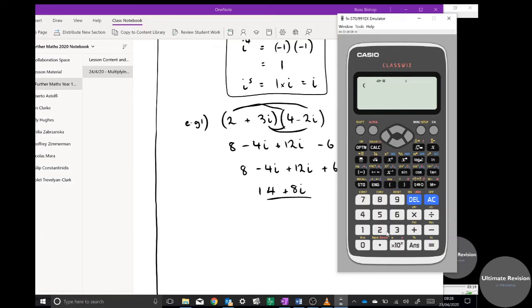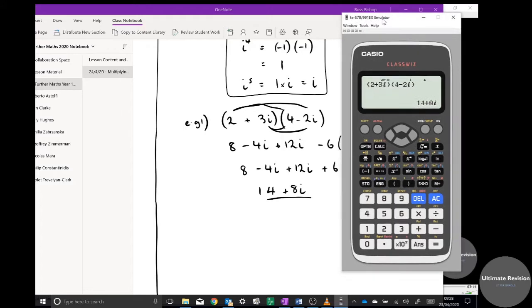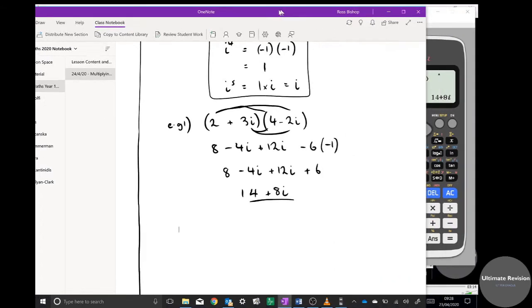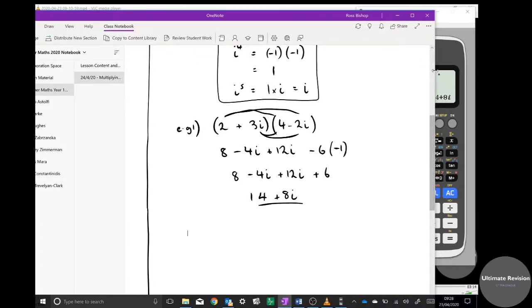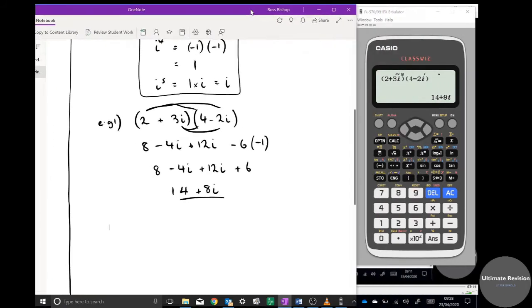Then I can literally just type in 2 plus 3i, and then 4 minus 2i, and if I press equals, well, that's good. My answer is correct there. We might be using that, we'll slot that over there.